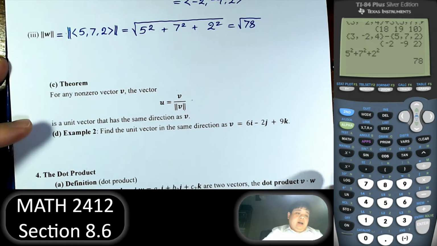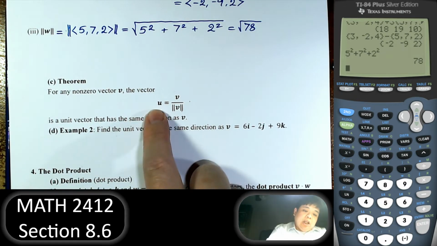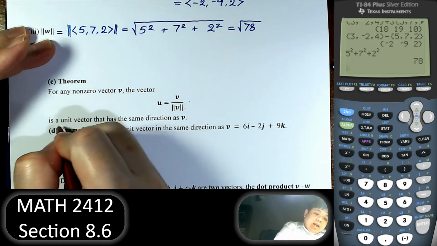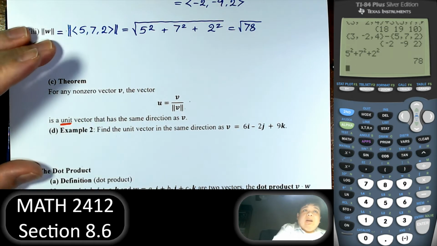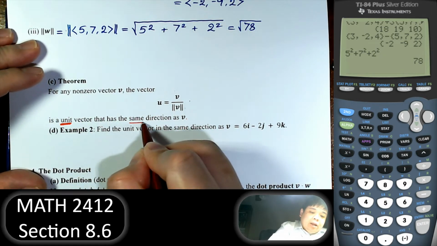Next, for any non-zero vector v, the vector u equal to v divided by the magnitude of v is the unit vector. Once again, the unit vector has length equal to 1 and has the same direction as v.